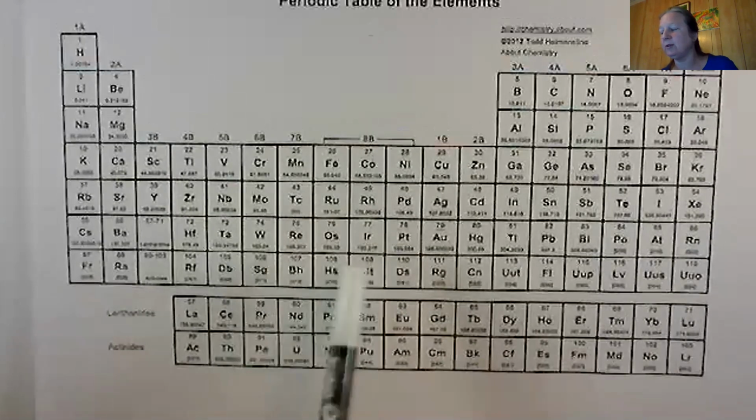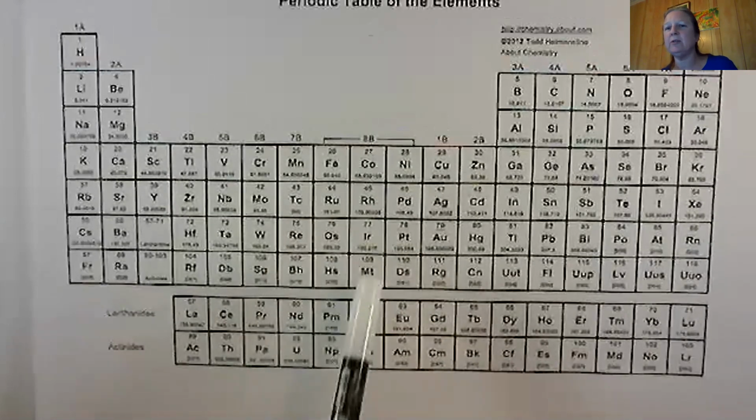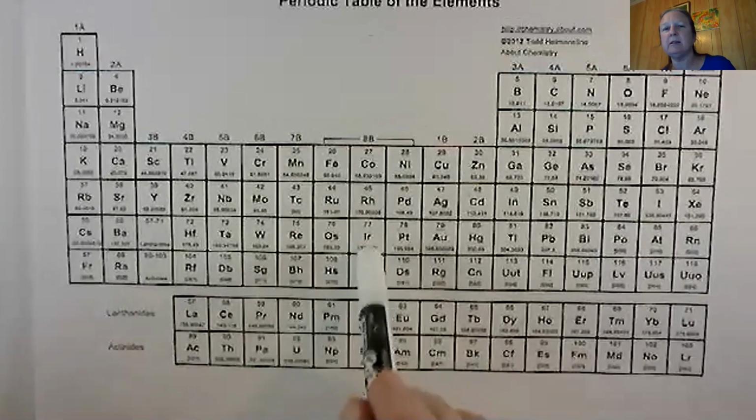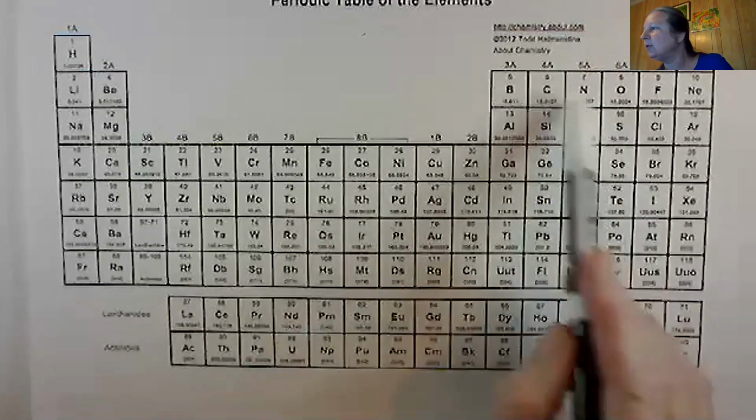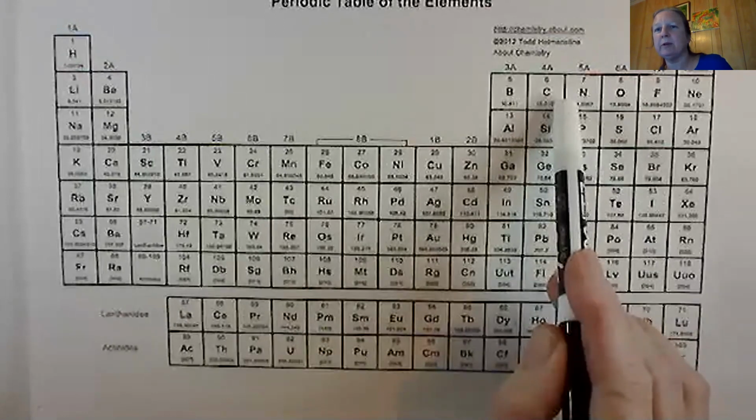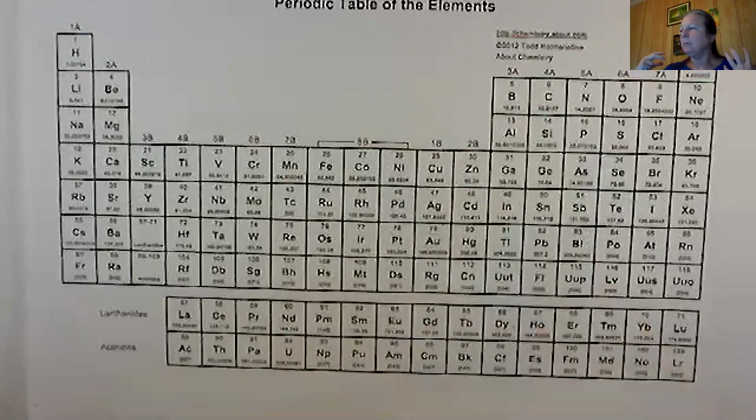Notice they're fixed, which means it doesn't change. Every element has a fixed mass. Carbon, this says 12.0107. So that's atomic mass unit if you are talking about a specific individual atom, or in a molecule or in a compound. But that number also works if we talk about something called the mole.